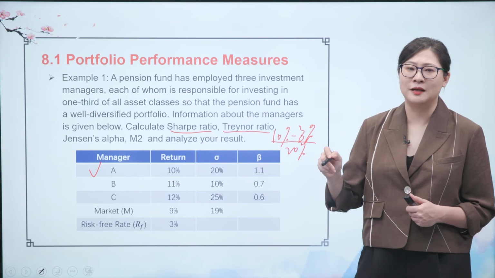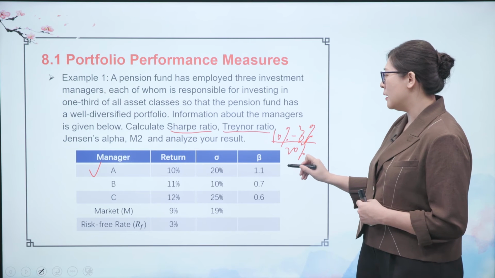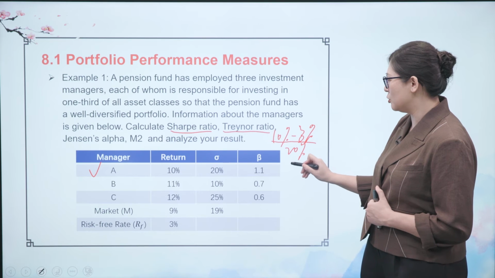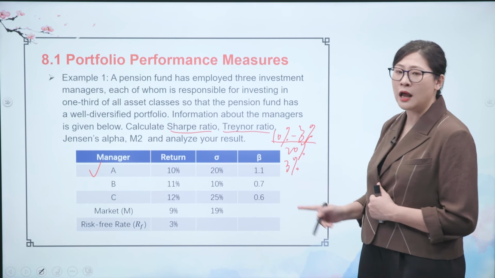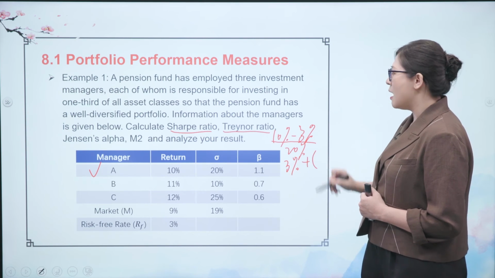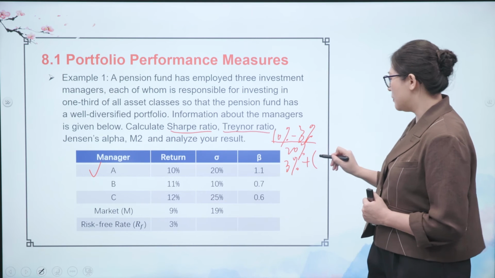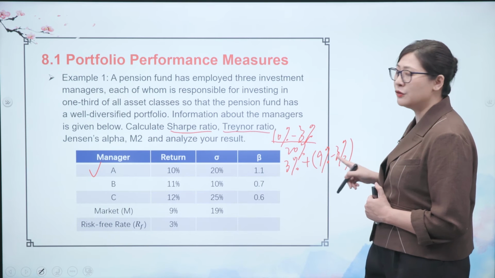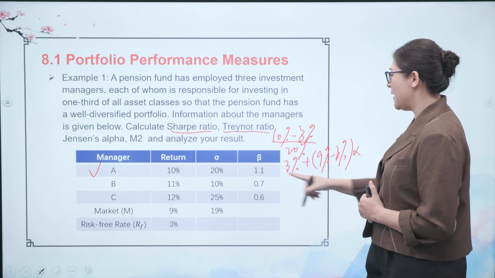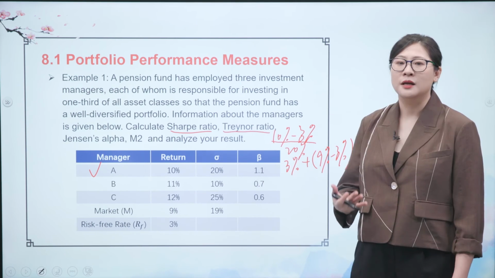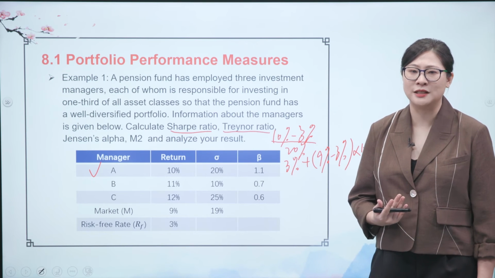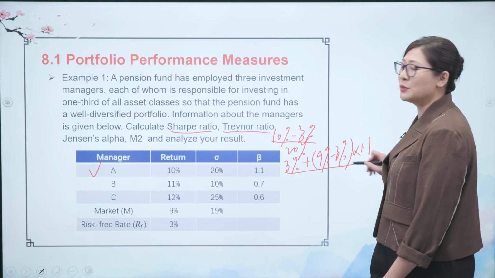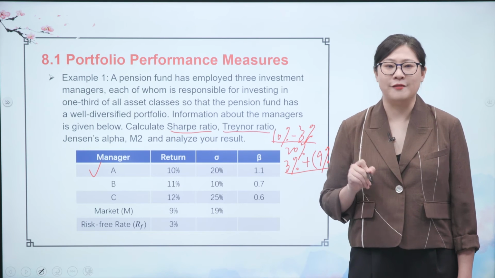For manager A, the expected return equals 3%, that's Rf, plus Rm, which is 9%, minus 3%, that's the market risk premium, and then you multiply by beta, which is 1.1. So you can calculate this expected return, and then you use 10% minus this expected return. You will get Jensen's alpha.